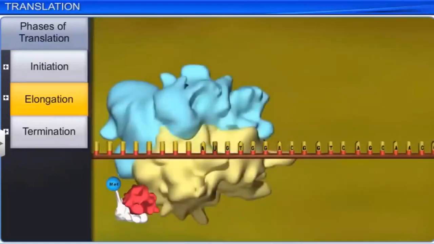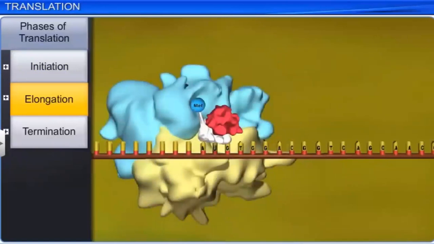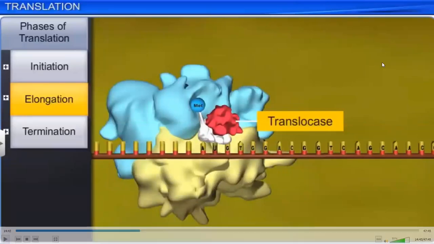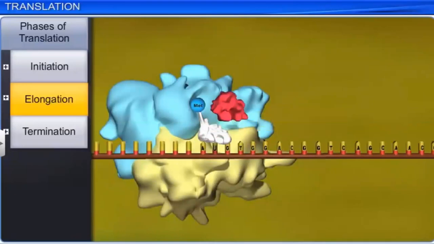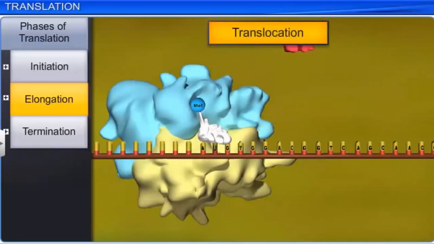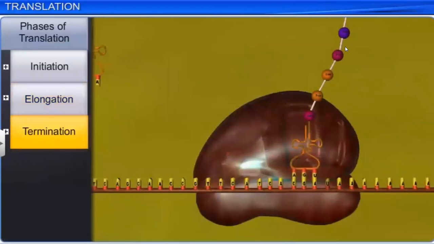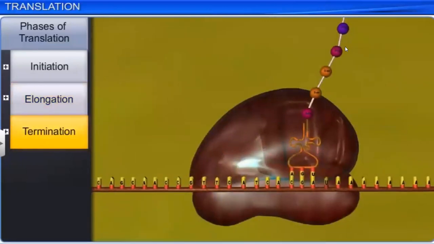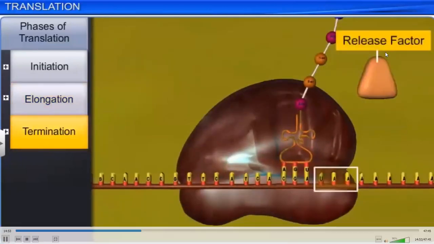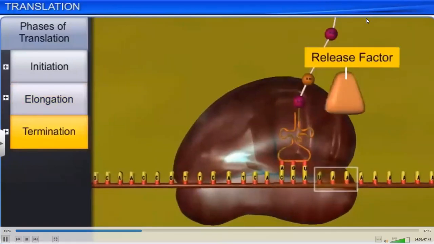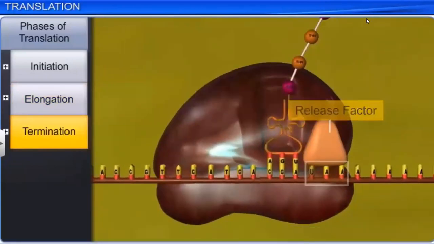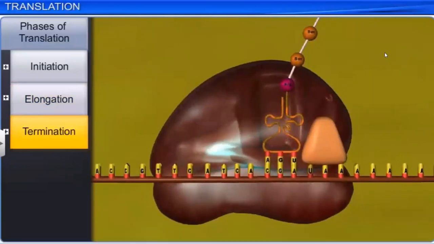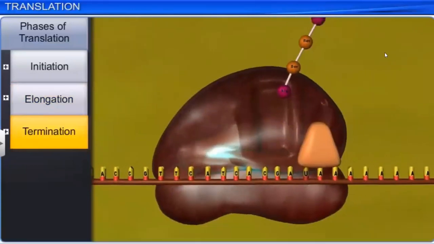This is caused by the elongation factor translocase. This is an enzyme, and this process is called the translocation step. On reaching the stop codon, UAA, a release factor or RF binds to it, terminating the translation and releasing the polypeptide chain from the ribosome into the cytoplasm.